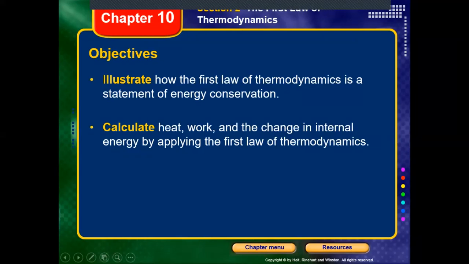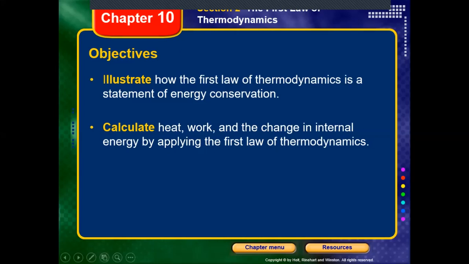First, the first law of thermodynamics is a statement of energy conservation. Energy conservation means the changing of energy from one form to another, like changing heat energy to kinetic energy and vice versa and so on.